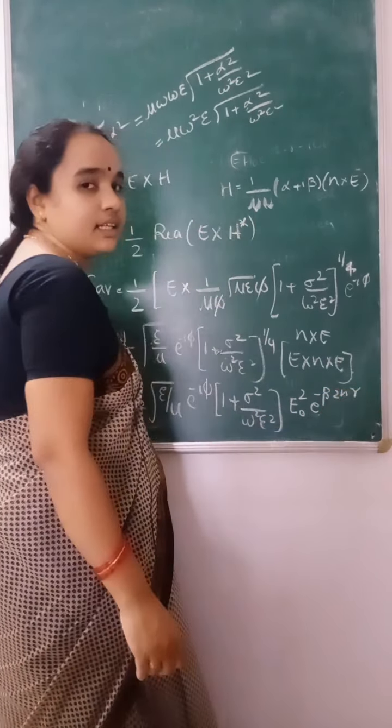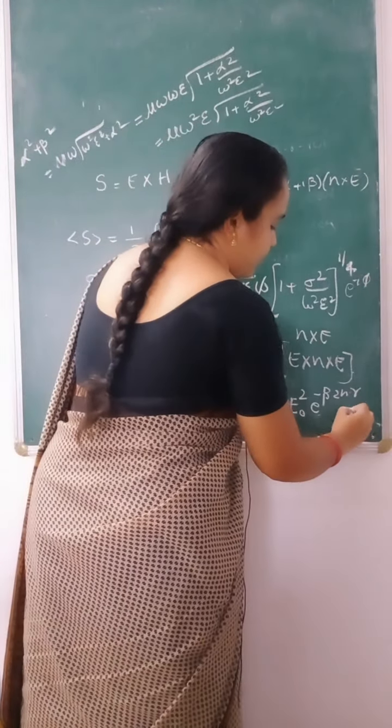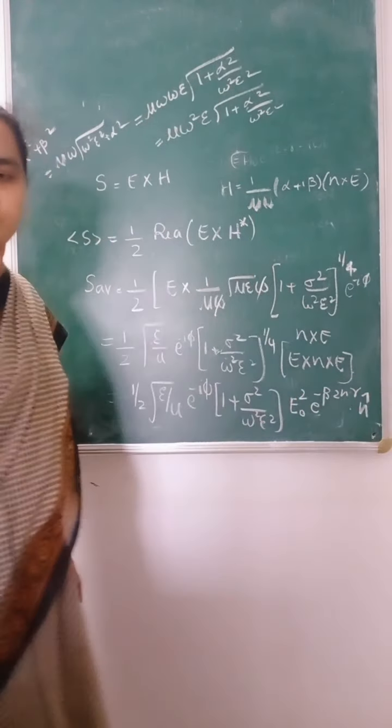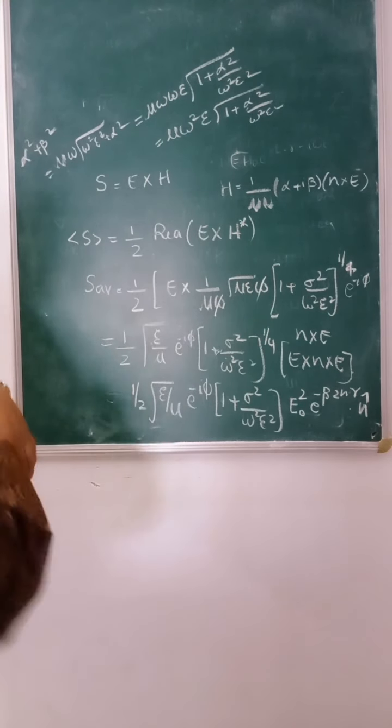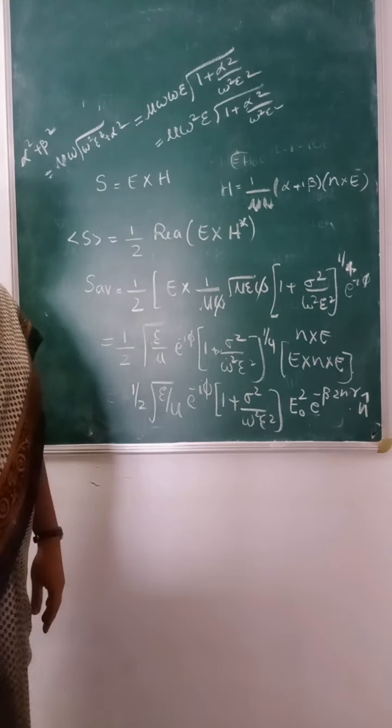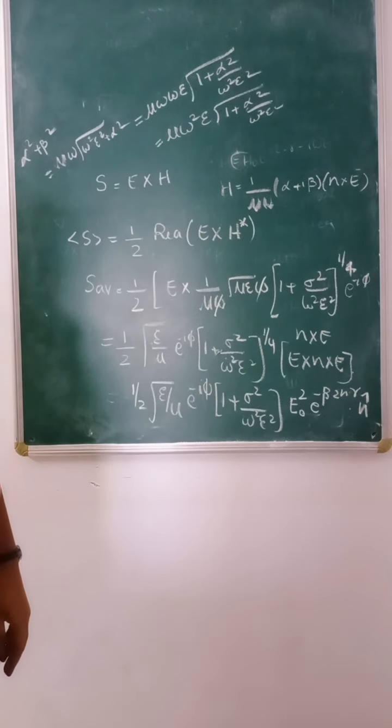Only consider the complex amplitudes multiplied by n cap. This is the average Poynting vector in a conducting medium.